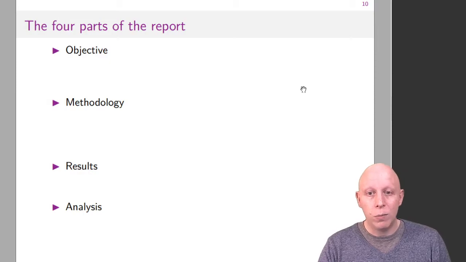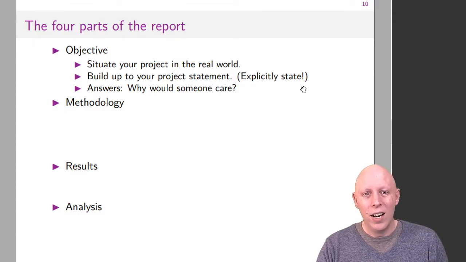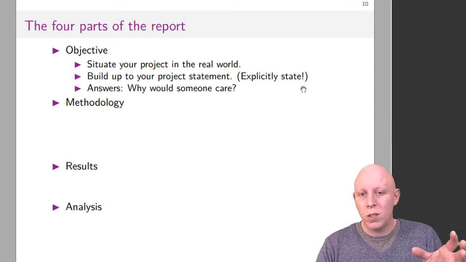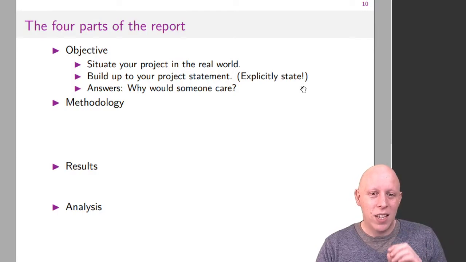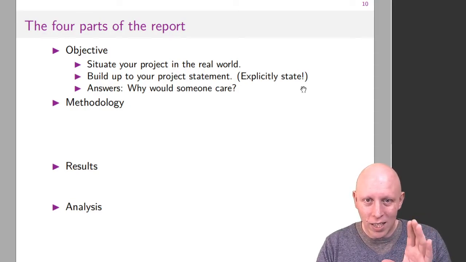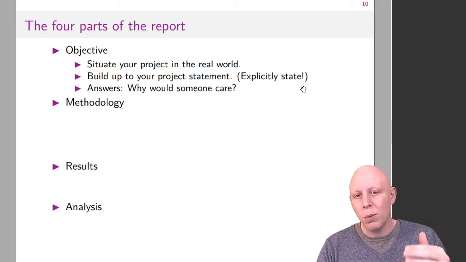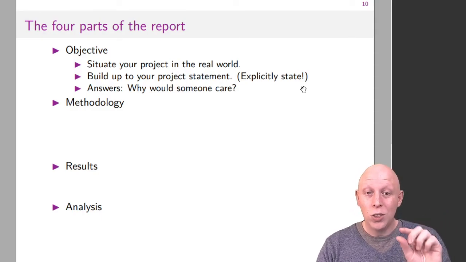So first, the objective section. This is, you jump into the report and you need to answer, why does somebody care about what you're writing? So you situate your project in the real world, and this is this concrete place that when you were submitting your form, you had to give me an exact place in the real world that your project lies. Situate that for the reader, and from there build up until you get to your project statement, which you should explicitly state in your objective section.